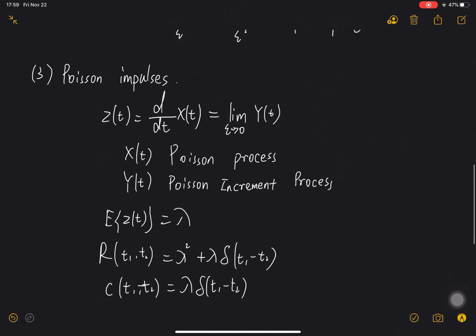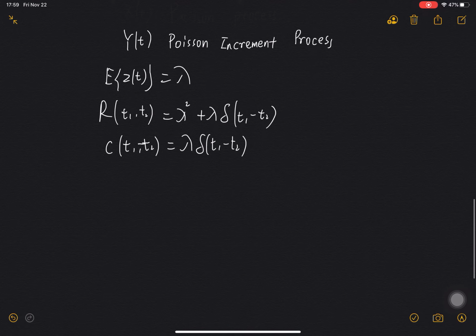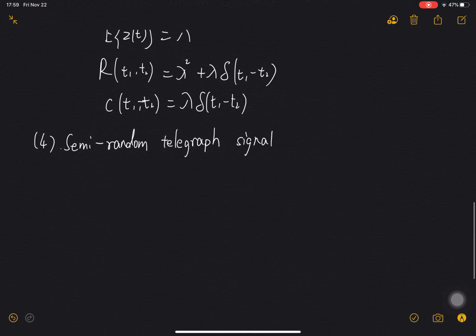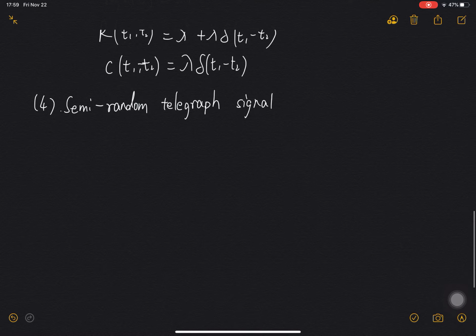Okay. And then the fourth one is the semi-random telegraph signal. We define this semi-random telegraph signal in this way.